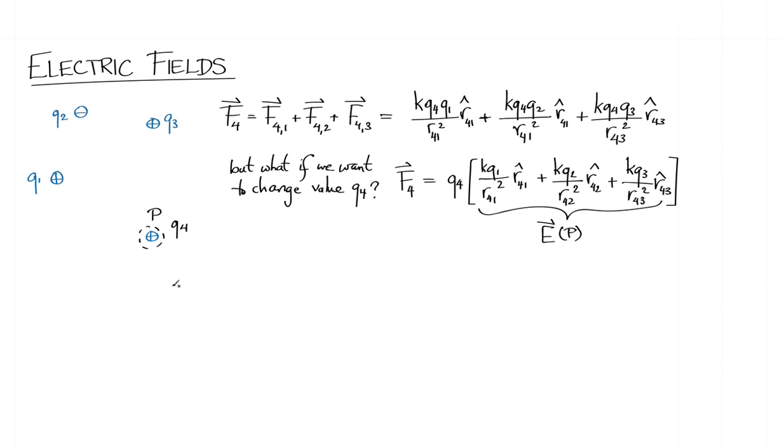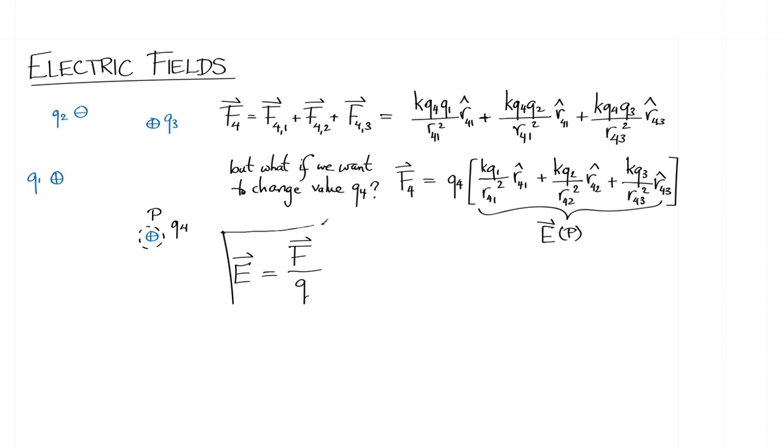So what we can do is really define the electric field E as being equal to the force at some particular point, in this case point P, the force at some particular point that's experienced by some test charge Q that you place at that position, okay? So this is basically how we define it.